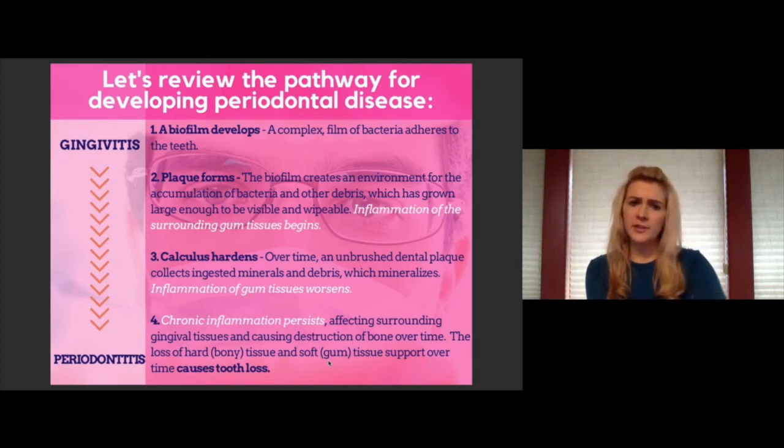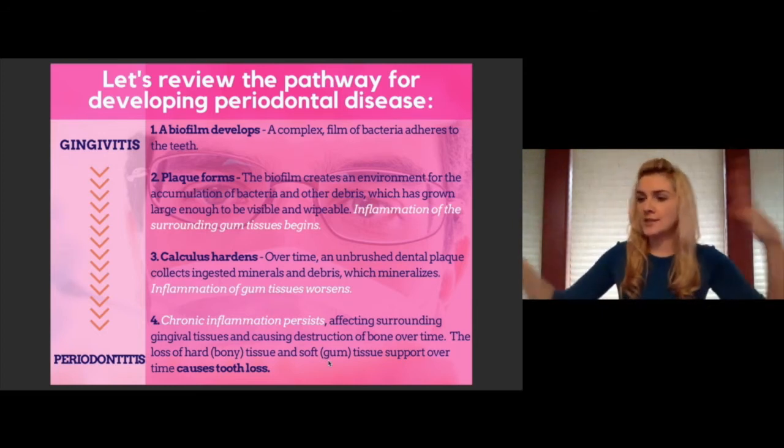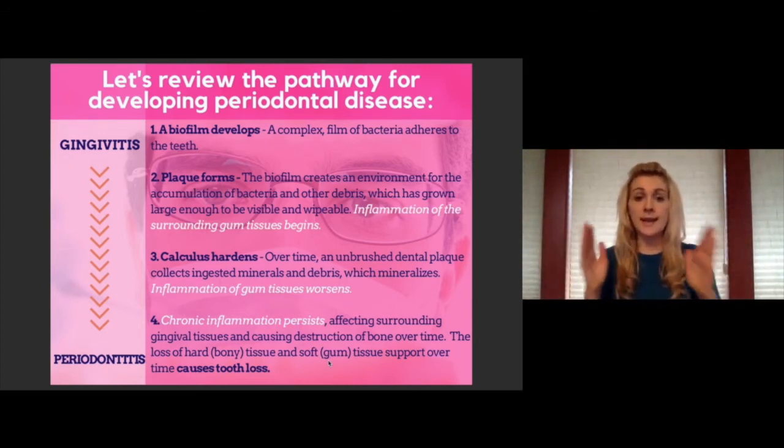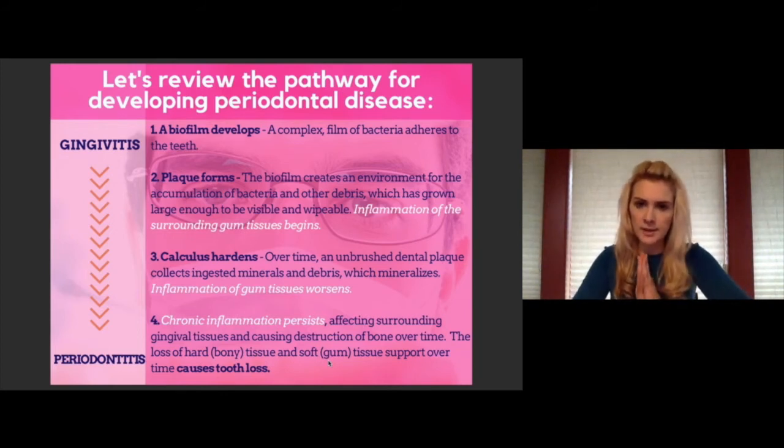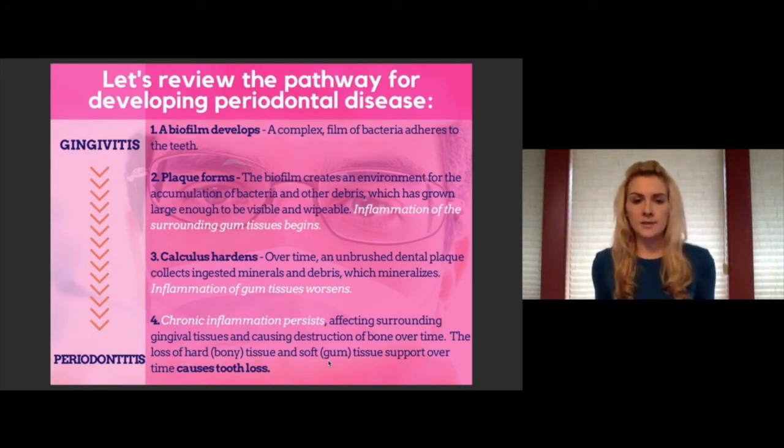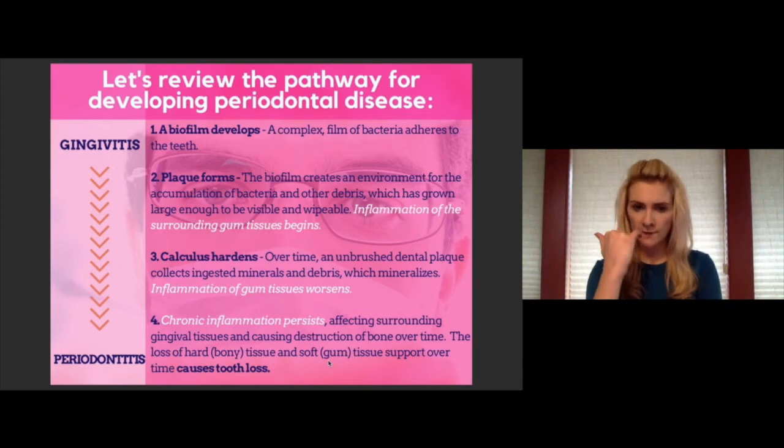If left untreated, the plaque tends to collect gunk, it collects fluoride, it collects debris, it collects foods, and a calculus hardens. Over time, this mineralizes, and like I said, that's why it's called calculus. It's a very hard structure, and it most commonly accumulates on the lower back of the lower front teeth.